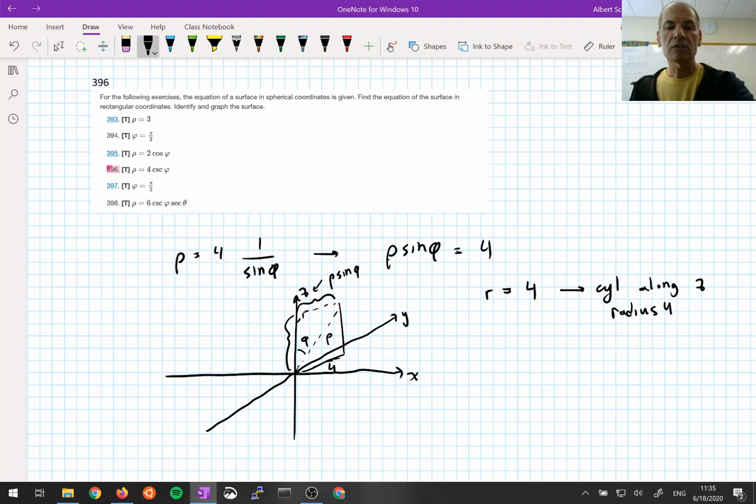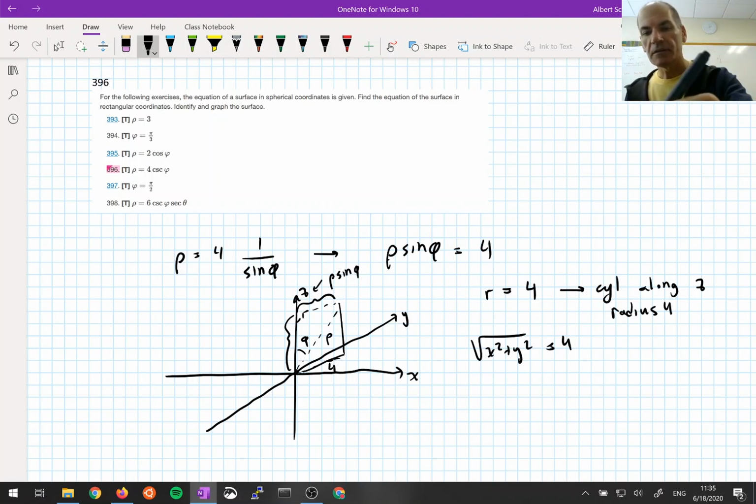Of course, we were asked to find the equation of the surface in Cartesian coordinates, but now that we've got r in there, and we know that r is just the square root of x squared plus y squared, then we can very quickly get the form of the equation in Cartesian coordinates.